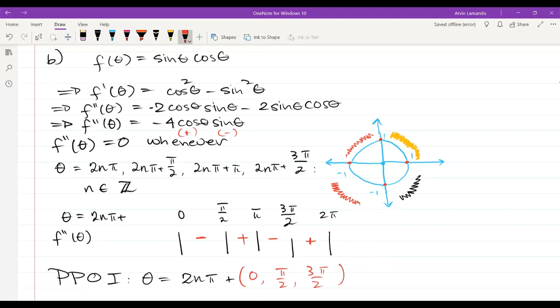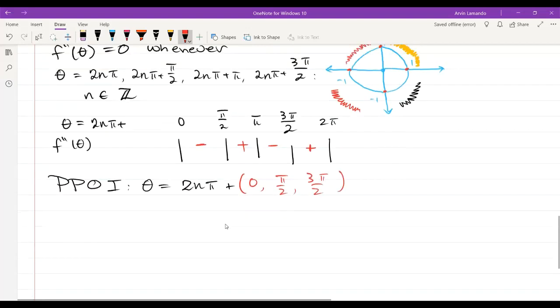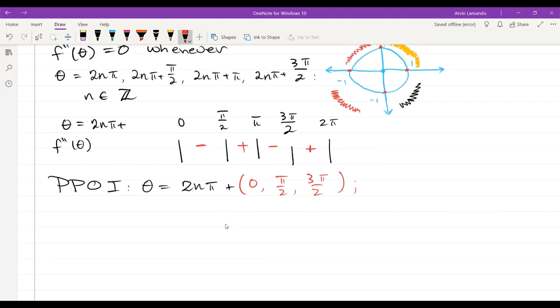Okay, that's it. Or if you want a more succinct answer, we can write this as theta equals n pi or n pi plus pi over 2 for all n in Z.